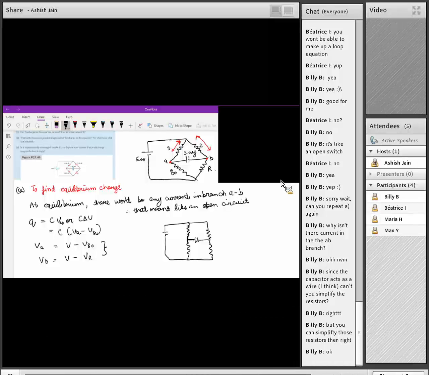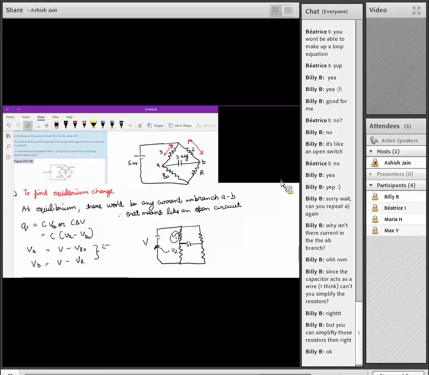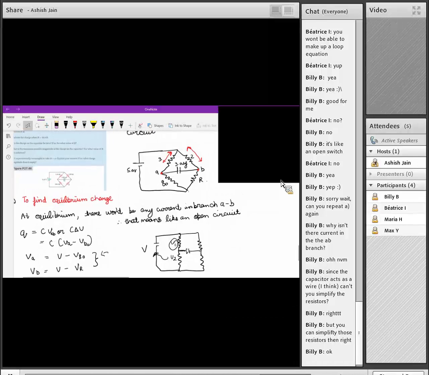So you guys get it how I wrote these equations? It's a total V, so voltage will be shared, V1 plus V2, and if I have to find V1, I subtract V minus V2. So I can find VA and VB.